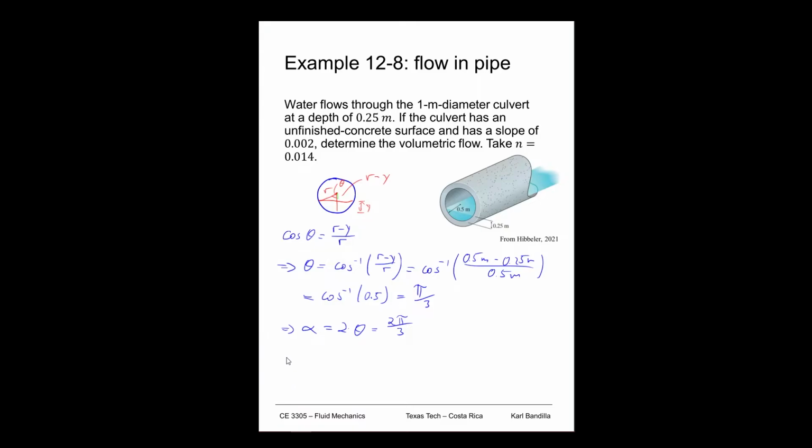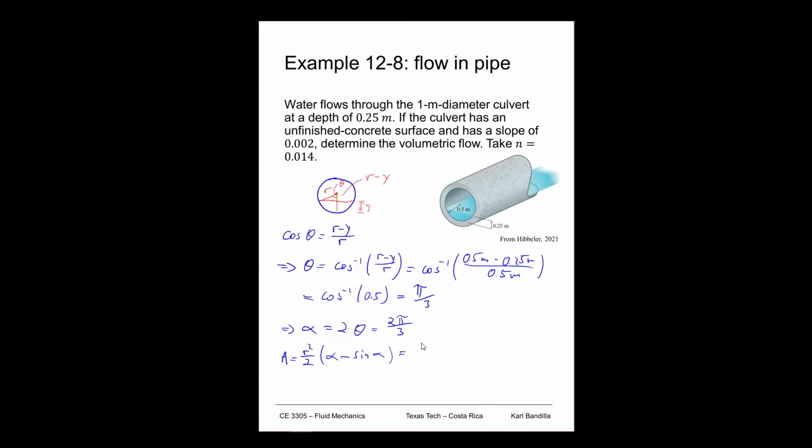We start with the area. A is equal to r squared over 2 times alpha minus sine alpha. This is why we have to have our angle in radians. For the sine it doesn't matter, but up here it has to be in radians.